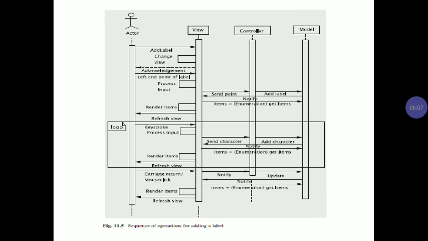Those are processed by the view component, which sends the characters to the controller, and then to the model. The model is updated according to the characters entered by the user. Then it is notified from the model to the view, then from the view to the user. Once everything is okay, the label is updated in the model component, and the same is shown to the actor.